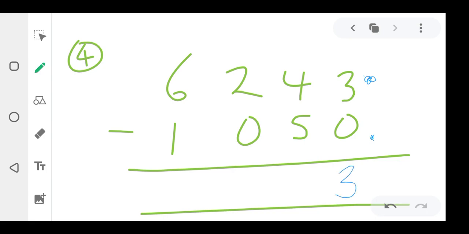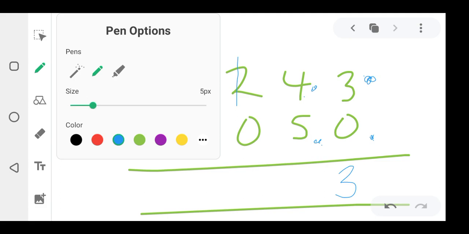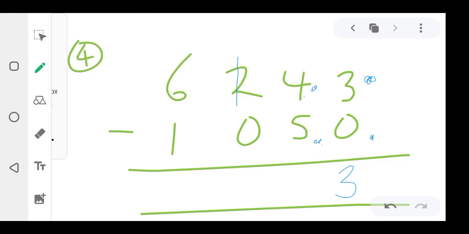Okay? 4 minus 5. Because 4 is smaller than 5, that means it cannot be subtracted. So what do you do? You borrow 1 from 2. So from this 2, I've borrowed 1. When I remove 1 from 2, 2 will reduce and become 1.